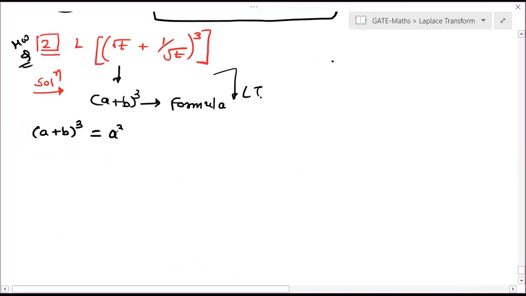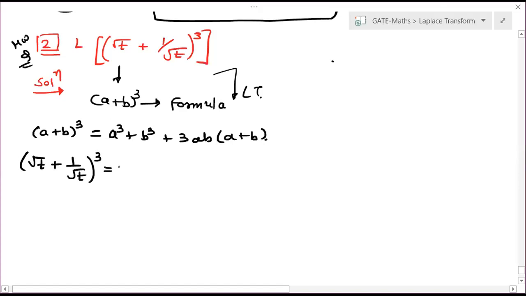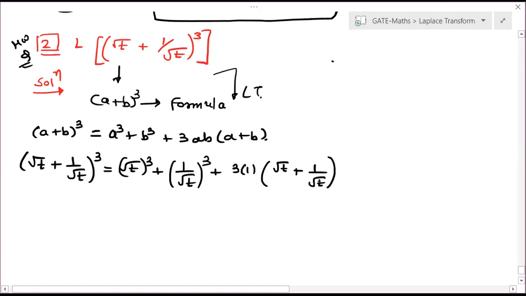It is a cube plus b cube plus 3ab into bracket a plus b, isn't it? Now, if I put values of a and b over here, that is root t and 1 upon root t, so root t plus 1 upon root t whole cube is equal to root t cube plus 1 upon root t cube plus 3 root t into 1 upon root t, that will be 1. And this is your root t plus 1 upon root t.